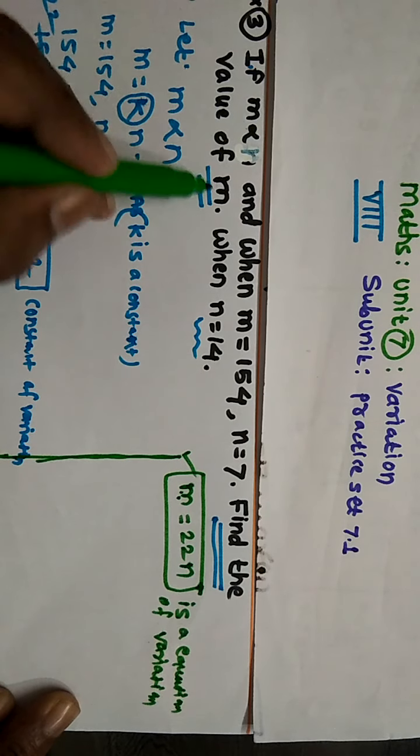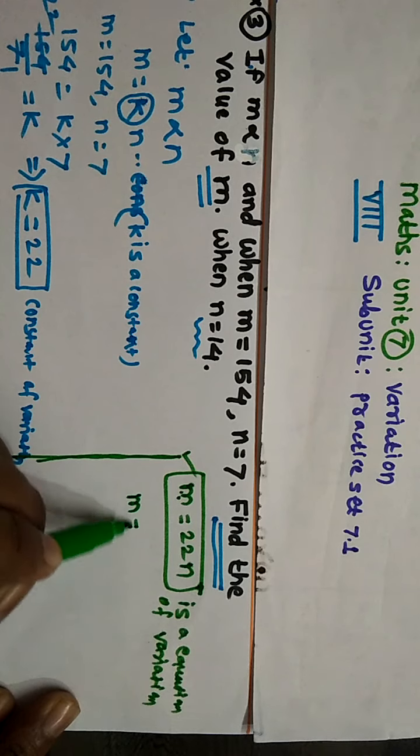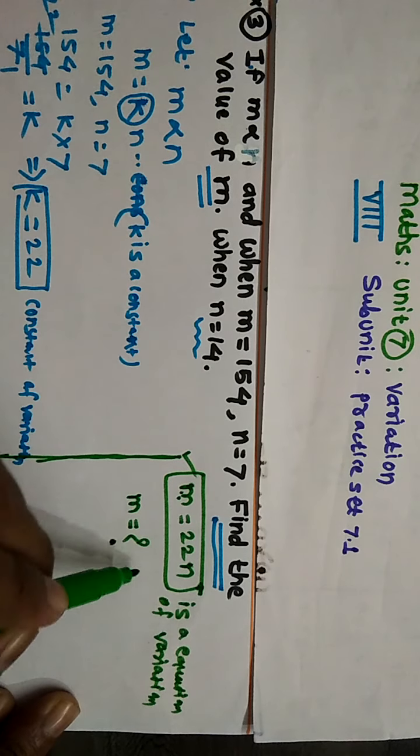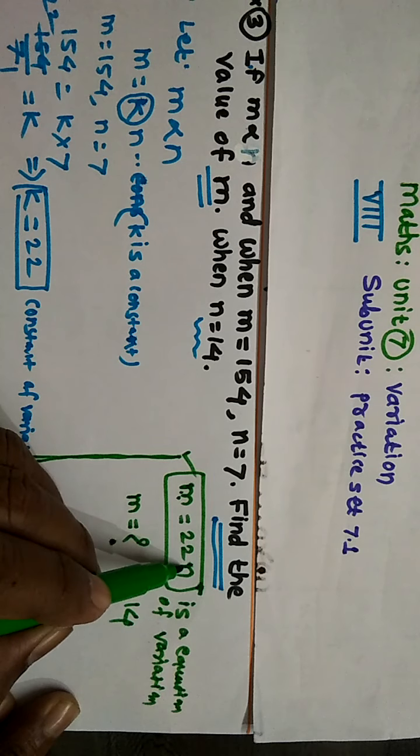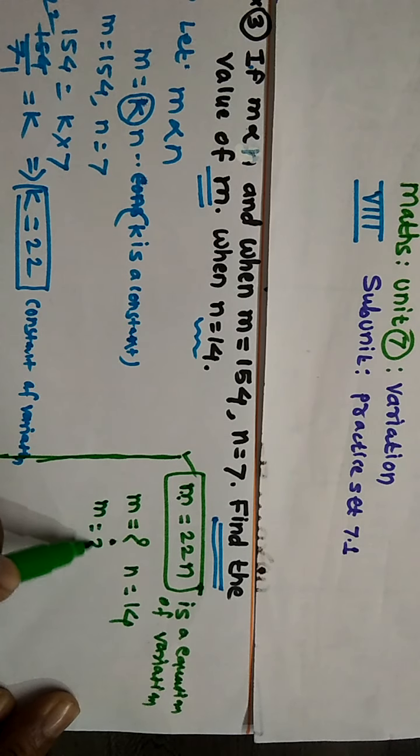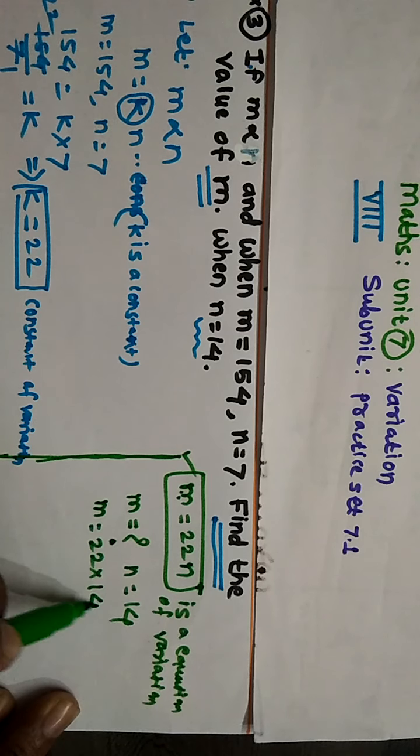Now our aim is to find the value of m if n is equal to 14. Substitute this value of 14 in this equation. M is equal to 22 into 14.